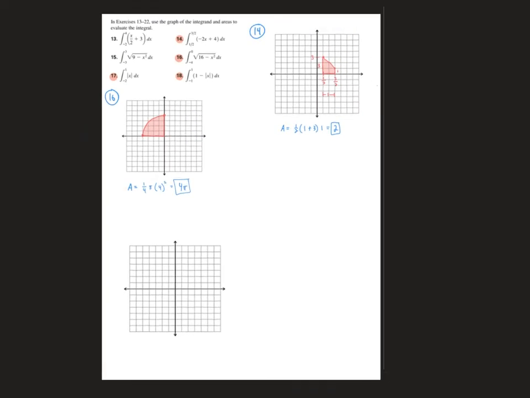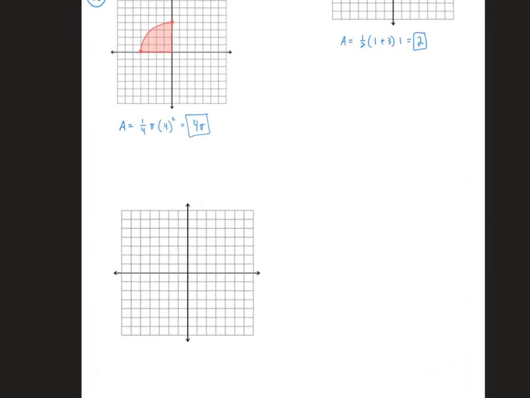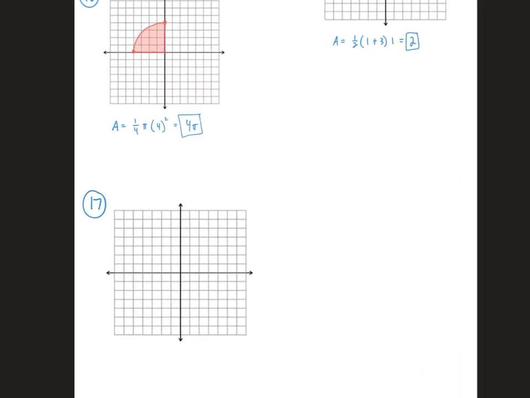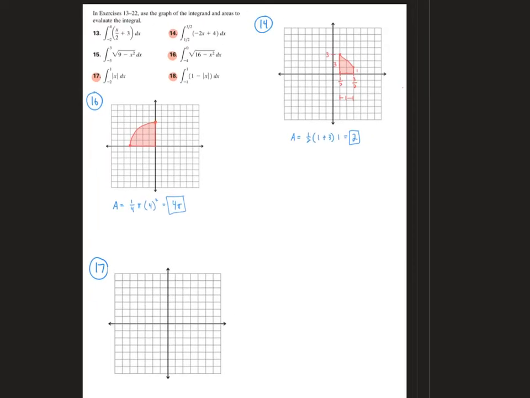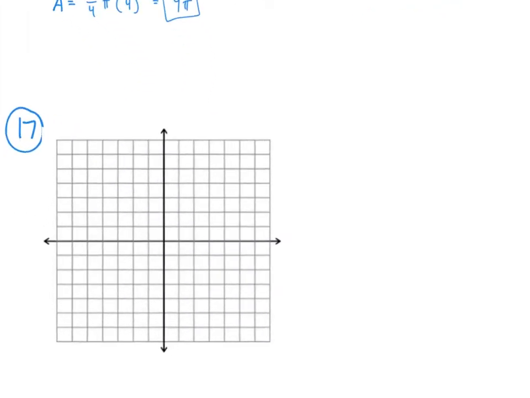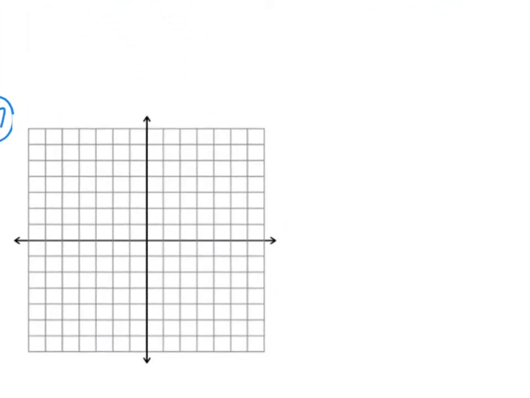Okay, so next one is 17. Alright, so that's an absolute value, and we only care from -2 to 1. So this will look like this.